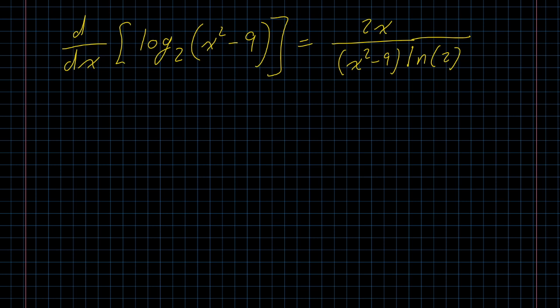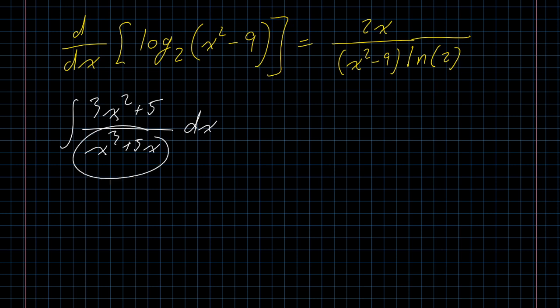Switching gears, let's take a look at something involving an integral. How about the integral of 3x squared plus 5 over x cubed plus 5x dx? Well, in this case, I see we have a fraction. Whenever I have anything messy involved, I start to look at where the most complicated part of the expression is.